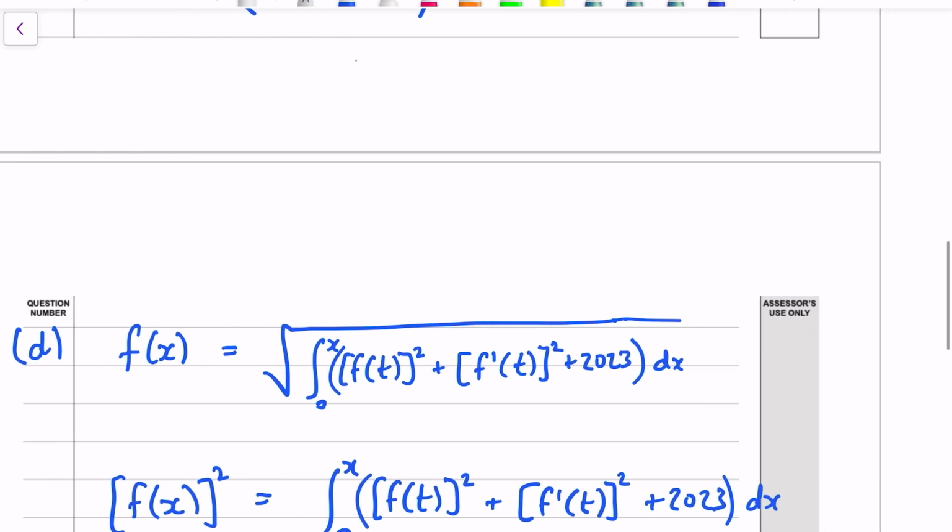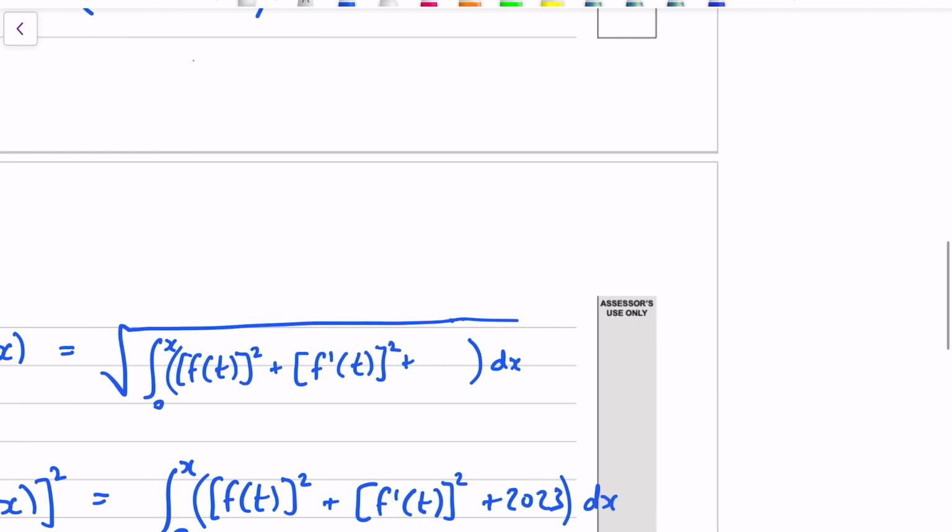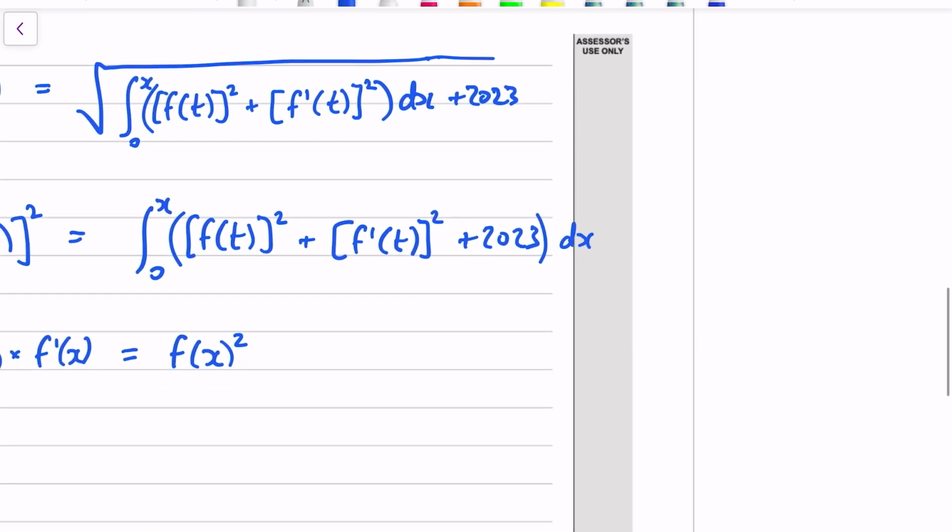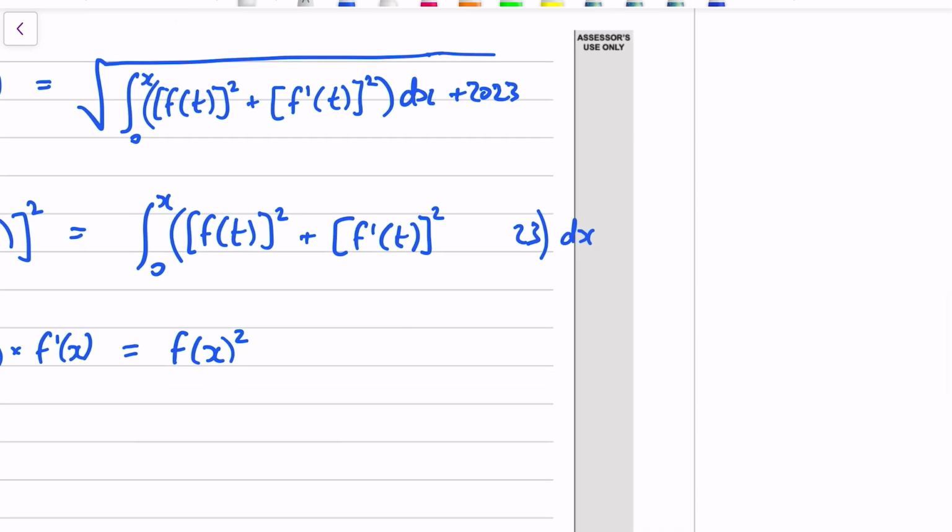That's important. Okay, let's get rid of it there, otherwise things wouldn't have simplified nicely. And let's get rid of it in that bracket too. Oopsies, put my dx in there as well.